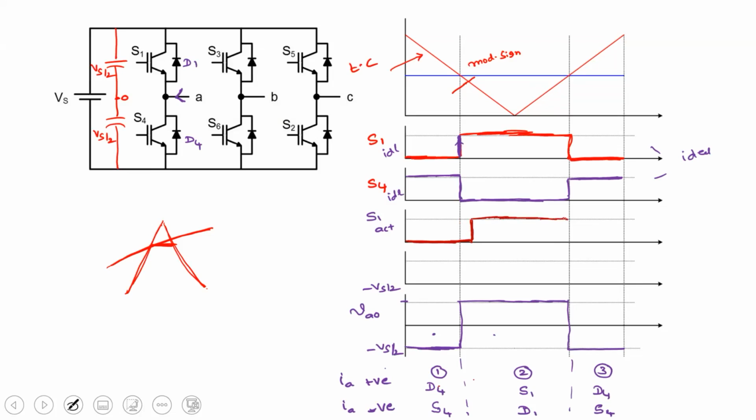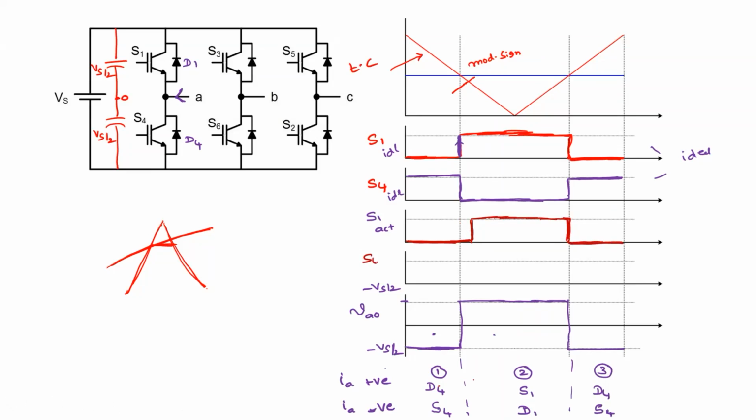But during the falling edge, it is as it is. Clear?